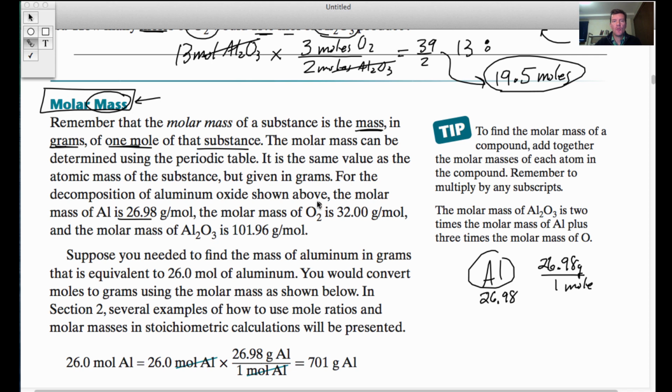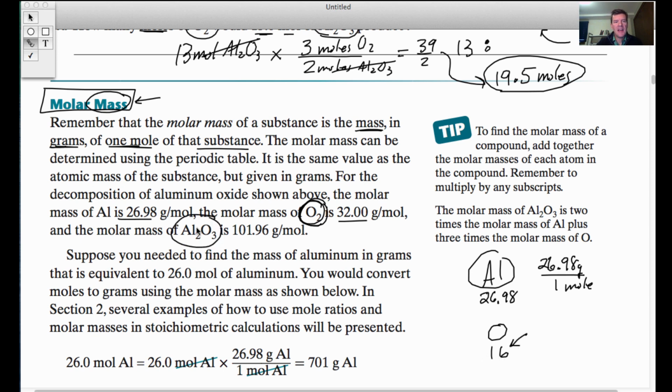All right? The molar mass of oxygen, just look on the periodic table. Well, the molar mass of oxygen is 16, but oxygen is always O2. So there are 2 per molecule. So O2 has a molar mass of 32 because each oxygen is 16.